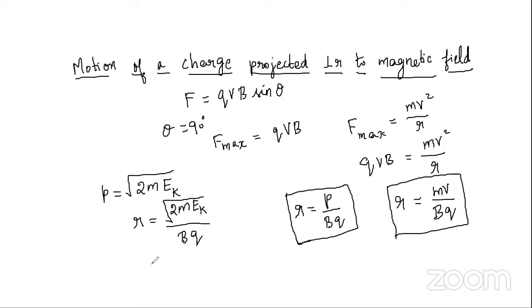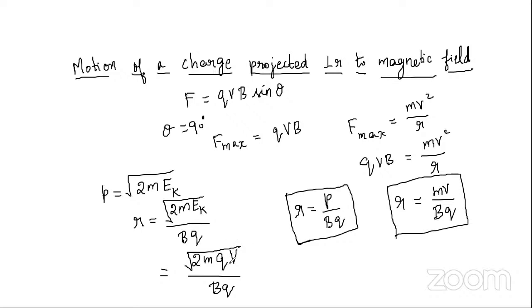Moreover, when the charged particle is moving in a potential difference capital V, then this kinetic energy is given by q into capital V. So r equals square root of 2m q V divided by Bq.